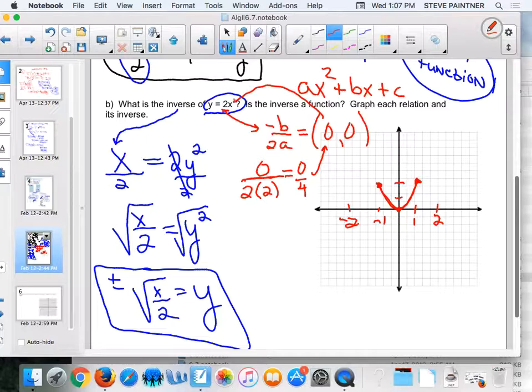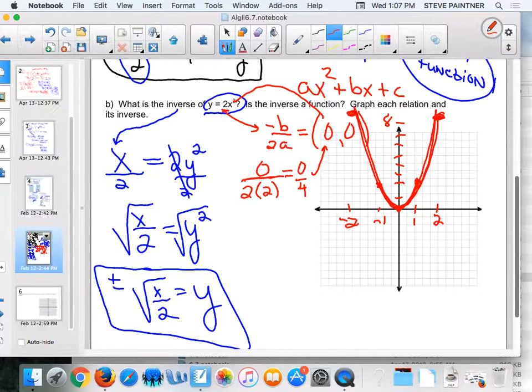Yeah, because 2 times 2, 4. 4 times 2, 8. So you're going to get 8 up, 3, 4, 5, 6, 7, 8. Call it here. So there is the function right here. Okay, so that's the function 2x squared.